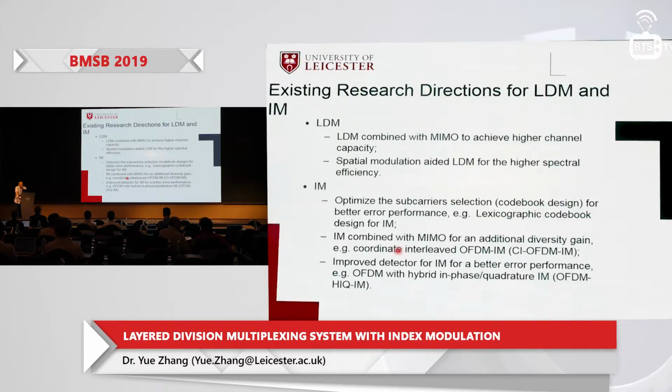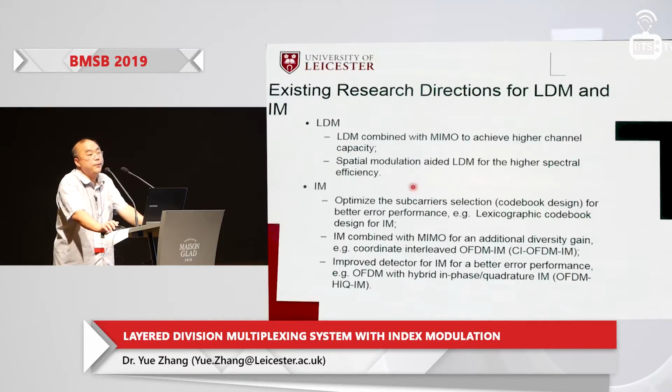For index modulation, we need optimization of the subcarrier selection, that is, how to select the subcarriers carefully or intelligently to improve error performance.